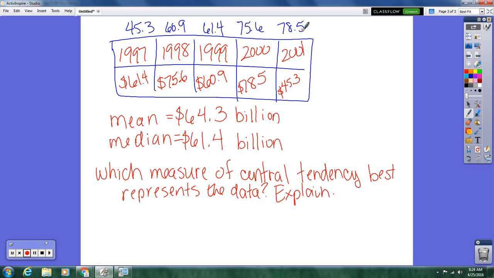So which one do you think is closest to the total representation of the data? Why the mean? Okay, it is an average of all the data. Anybody say the median?